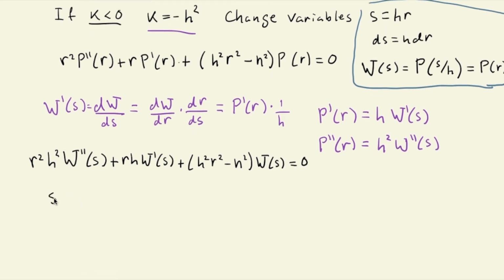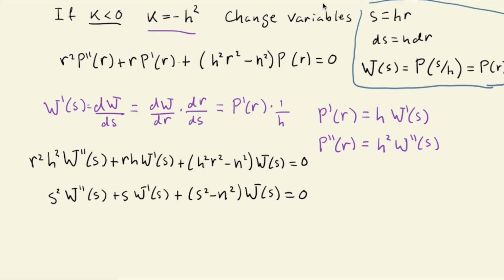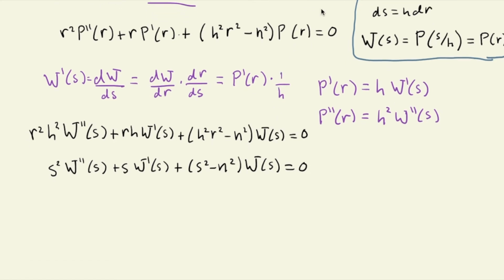So we get s squared w prime prime of s plus s w prime of s plus s squared minus n squared times w of s is equal to 0. This is the Bessel equation.